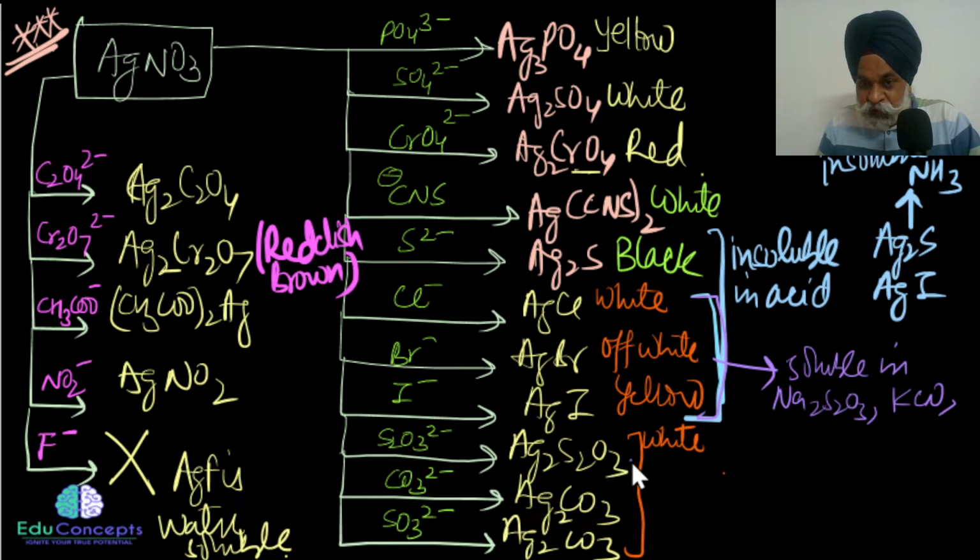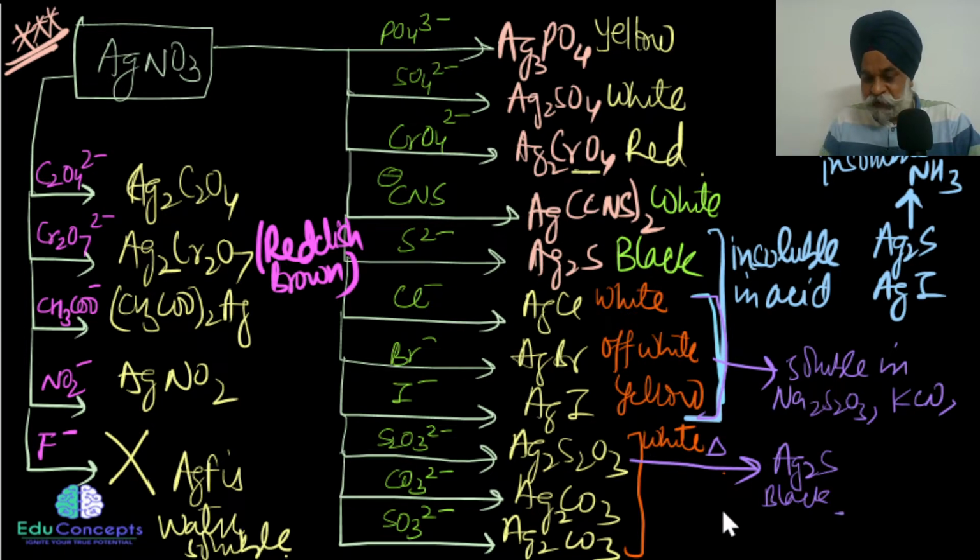Another thing, when this particular salt, silver thiosulfate, is heated, it gives you a black precipitate. This is white, and it would convert into black.